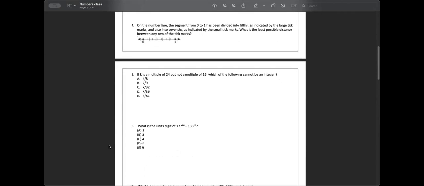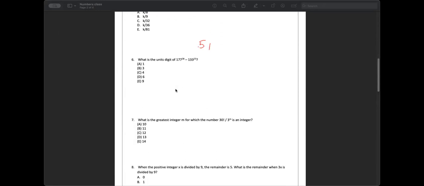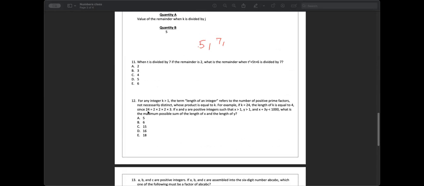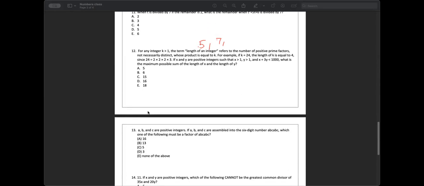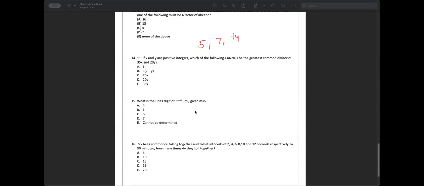Try question number 5 and 7, 14, and just one more, 16.